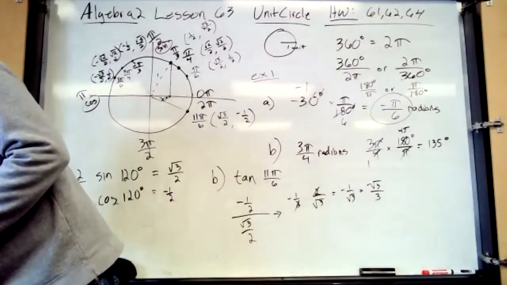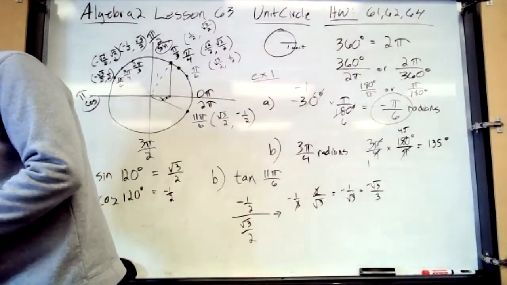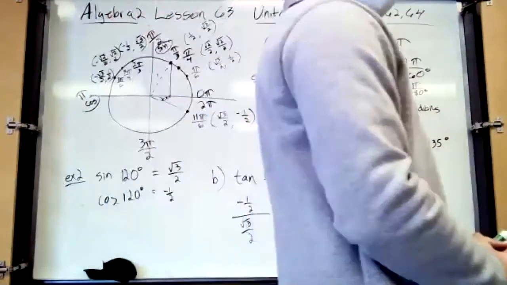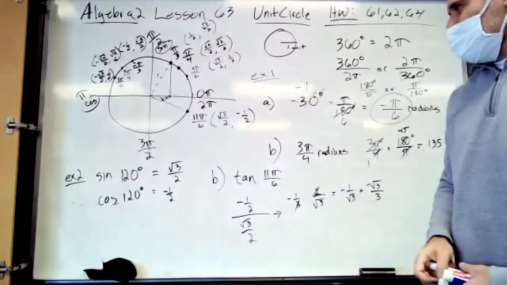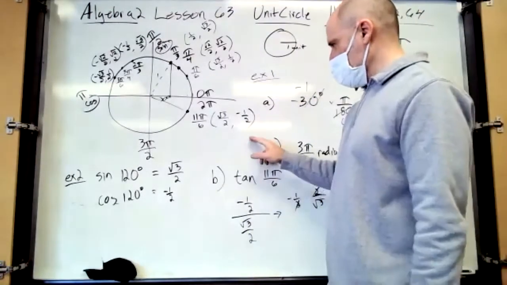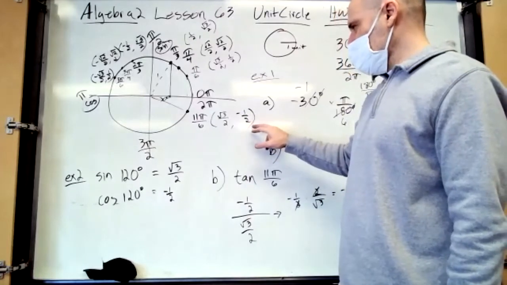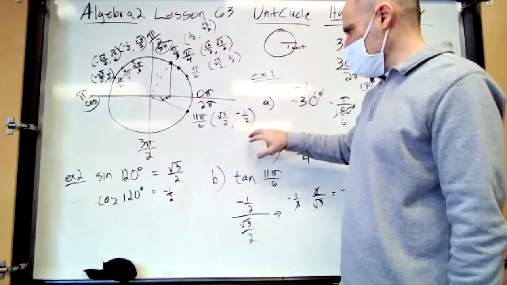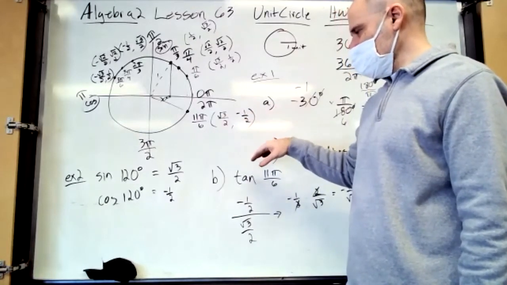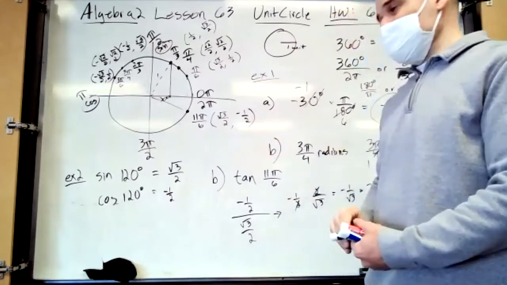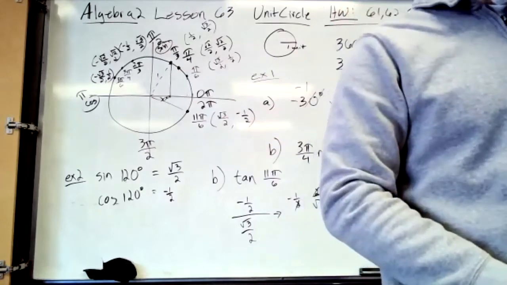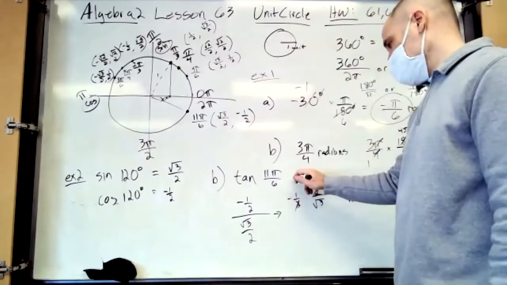Okay? So when you have to find the tangent, it's a little bit annoying. But basically, you can flop it if you want. You can probably copy dot flop it in your head. So tangent is just sine over cosine. Sine divided by cosine.